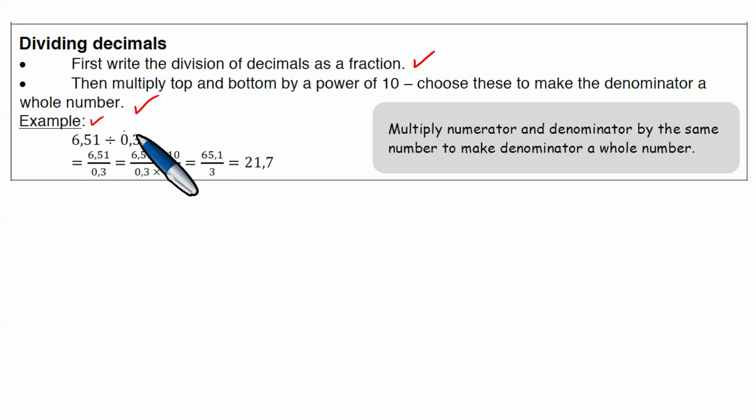So yeah, let's check this out. So you have 6,51 divided by 0,3. So how do we do this? Okay. Now, if the 6,51 divided by 0,3, okay, we wish to deal with what? With this kind of division. So we can deal with 0,3.